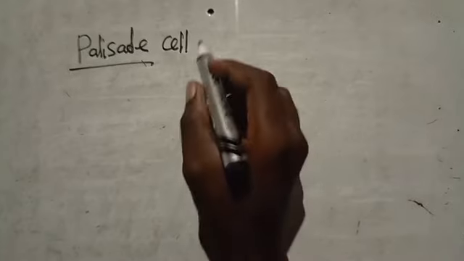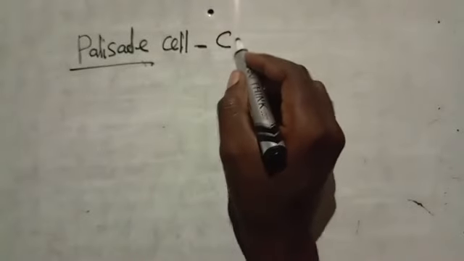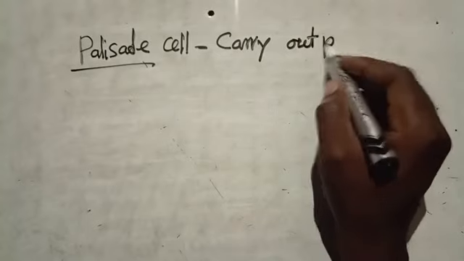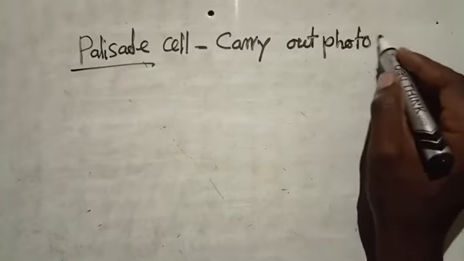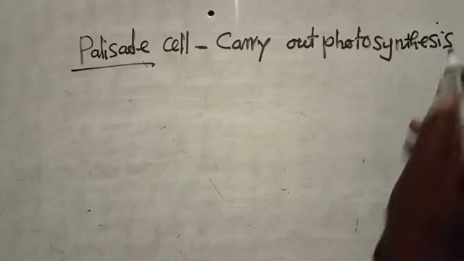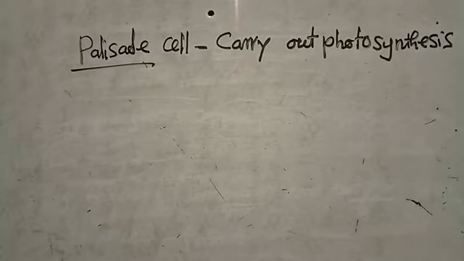What is the function? The function is just to carry out photosynthesis. This is what you need to understand. I guess we know what photosynthesis is and the equation, everything that is involved.